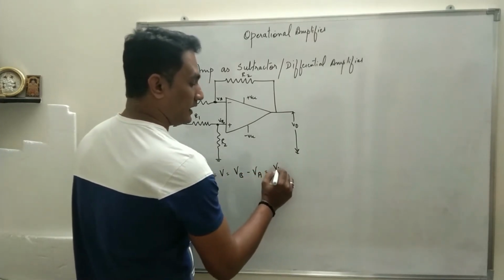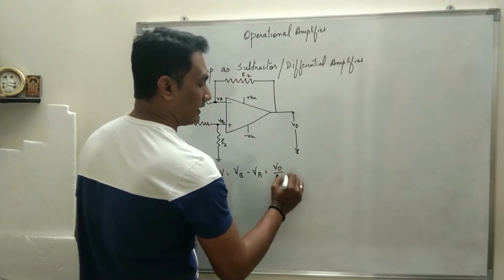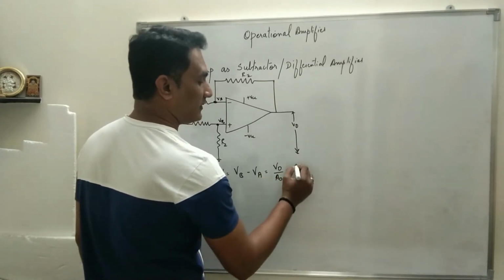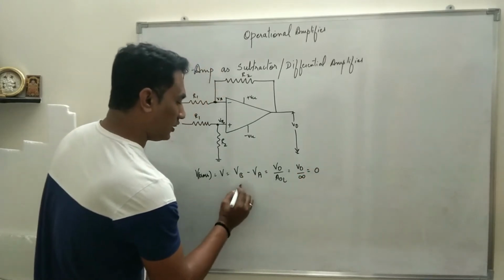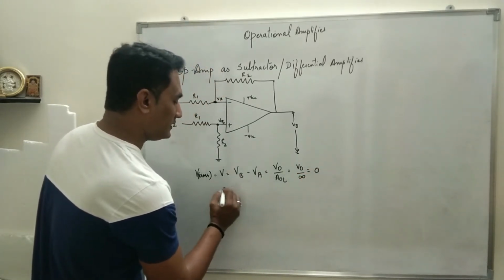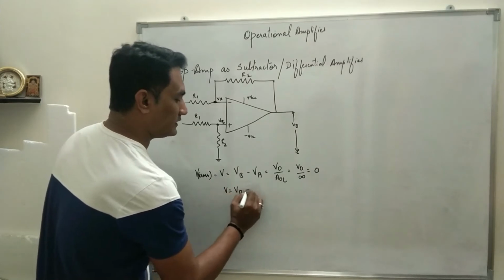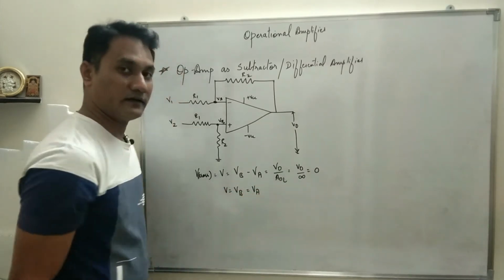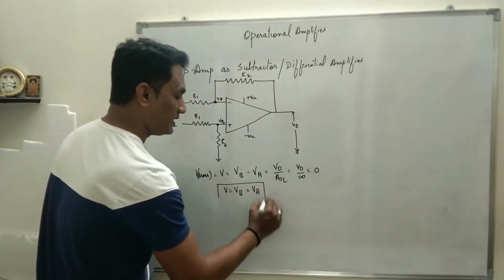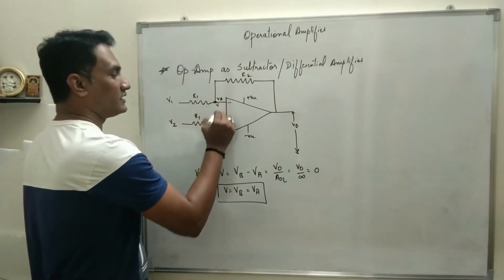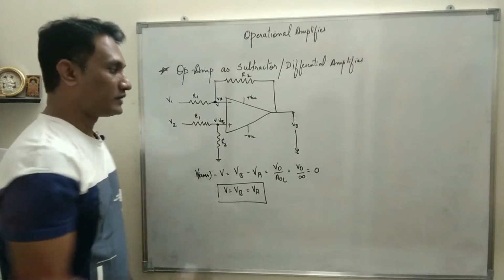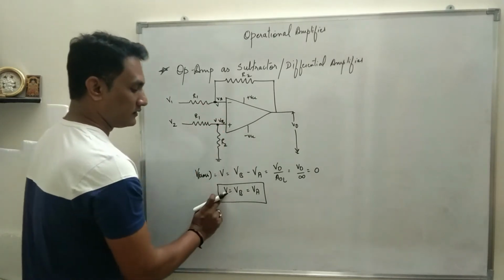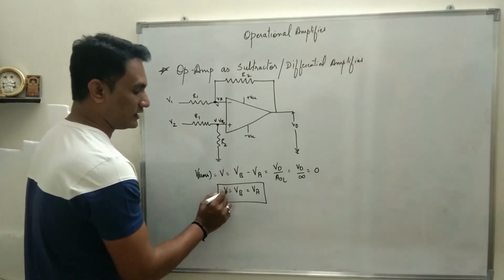And that will be output upon AOL, and AOL is infinite, so V0 upon infinite means it will be 0. Or we say V is equal to VB is equal to VA, right? We can conclude this. So the potential at this point is V. Both are at equipotential, and therefore we consider that voltage to be V.